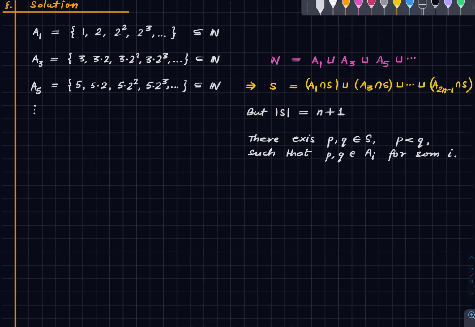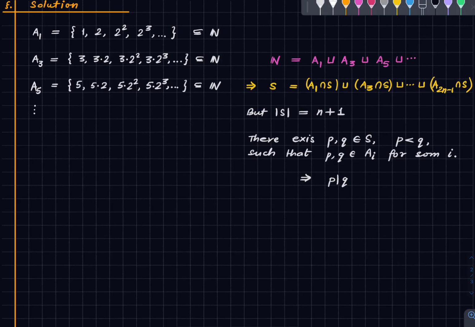But if P and Q lie in Ai and P is less than Q, then it follows that P divides Q. So this is a property that any of these Ais enjoy. If you pick two elements in A1 and one is smaller than the other obviously, then the smaller one will divide the bigger one. Same thing happens here, same thing happens here. So as soon as you have two distinct things lying in the same Ai, one of them will divide the other. And that finishes the proof.